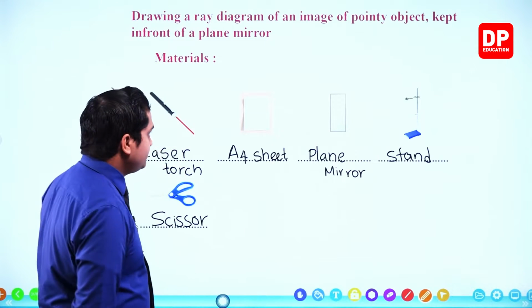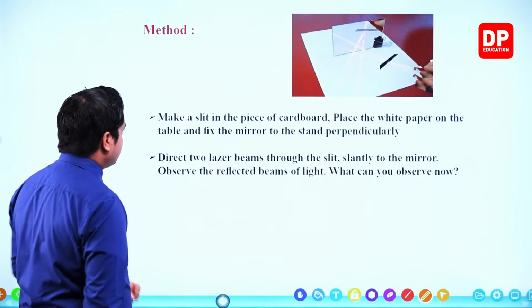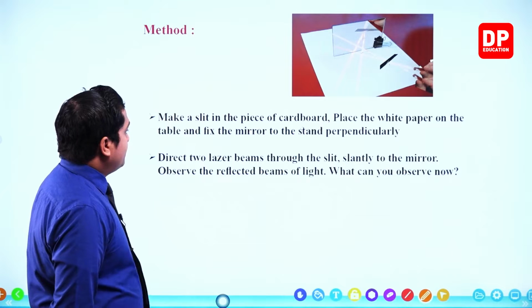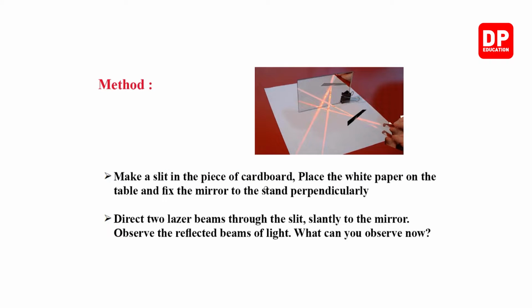Right then, now let's see what the method is. Make a slit in a piece of cardboard, place the white paper on the table and fix the mirror to the stand perpendicularly.